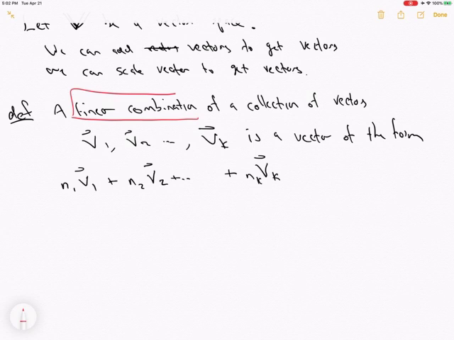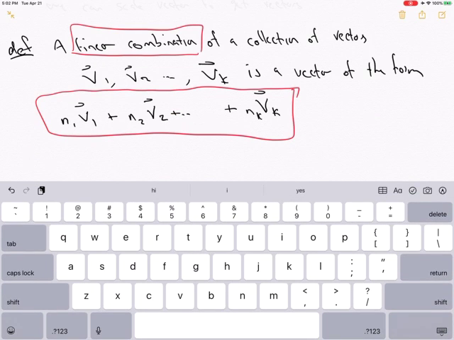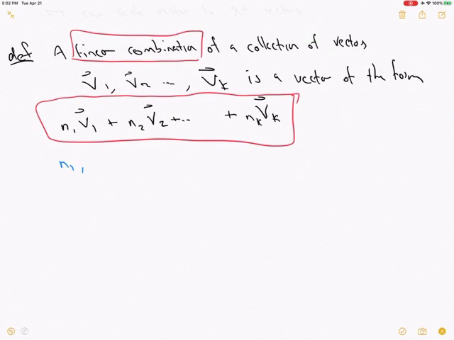The vectors are taken from some specified set of vectors, and here the n_i's, so n_1, n_2, etc., n_k, are scalars, or just numbers that are scaling. So we're just scaling them, and they're also the coefficients of the combination.